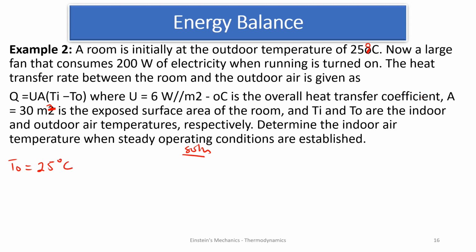Then a large fan consumes 200 watts of electricity. So this fan is consuming what? 200 watts of electricity. And what is that? Work. And is it work in or work out? Because the fan is consuming, we are giving it to the fan. So it is consuming from us. Work inside the fan.